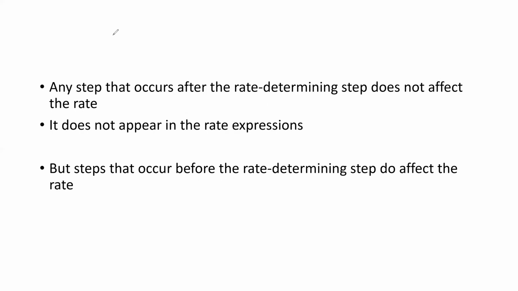Any step that occurs after the rate determining step does not affect the rate. Why? Because if only step 2 is really slow, once this is finished, step 3 can just finish the rest of the tasks really quickly. So if I have more steps, step 1 happens really fast.